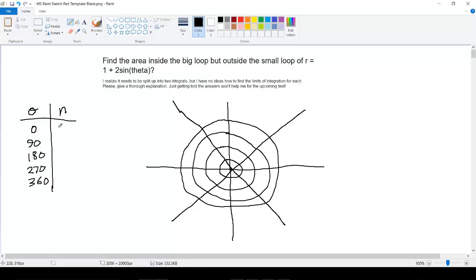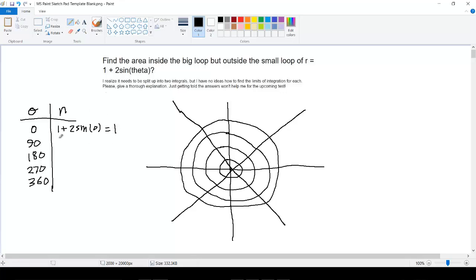r is going to equal 1 plus 2 times the sine of 0 degrees. The sine of 0 is 0, so 2 times 0 is 0, and 1 plus 0 is just 1. So our first one is equal to 1.